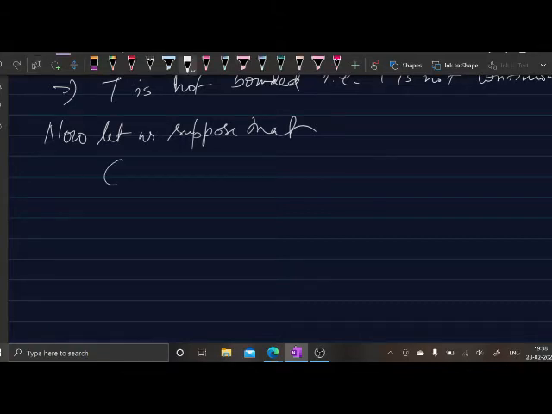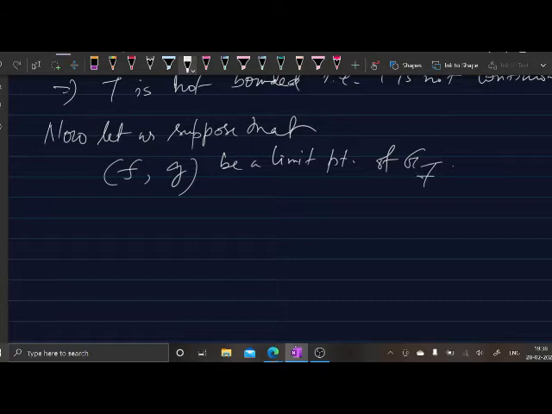Suppose it is (f, g) be a limit point of G_T, right? Here T is the function. So therefore, since it is a limit point of G_T, there exists a sequence as above.